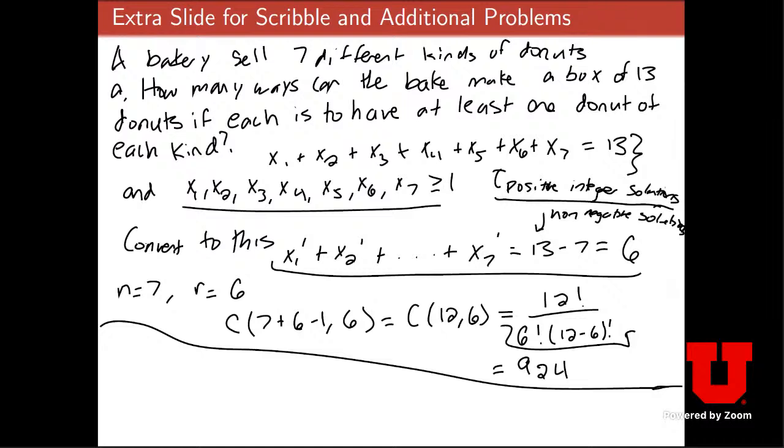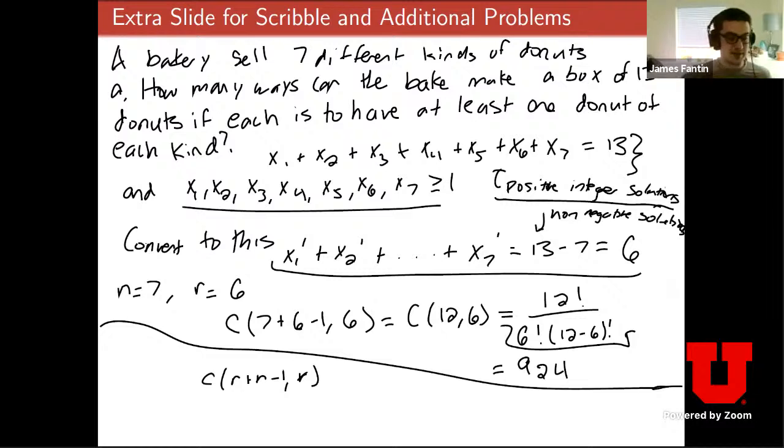Yeah, so do we use C of R plus N minus 1? Is that when we want to allow repetitions? I used to know this, but I forgot it. Yeah, so this is a specific formula that tells us how many non-negative integer solutions there are to this equation.